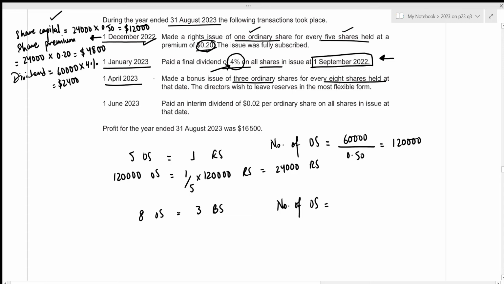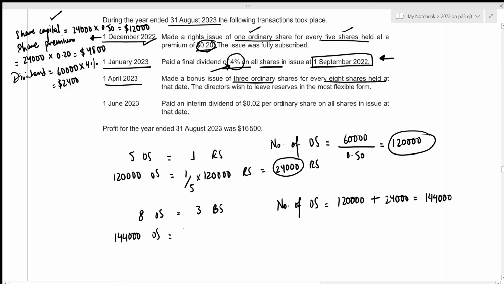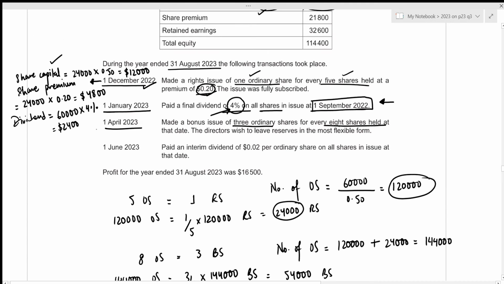At the date of 1st April 2023, we have the starting number of ordinary shares of 120,000 as well as the new right shares of 24,000. So the total number of ordinary shares will be 144,000 in this case. So for 144,000 ordinary shares, we'll be providing 3 by 8 times 144,000 bonus shares, which results in 54,000 bonus shares. And remember that the bonus shares will always be issued at the nominal rate.